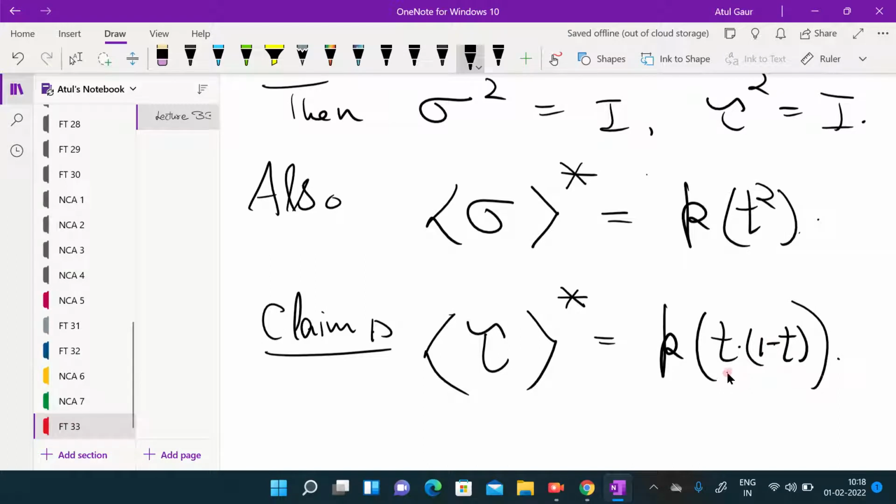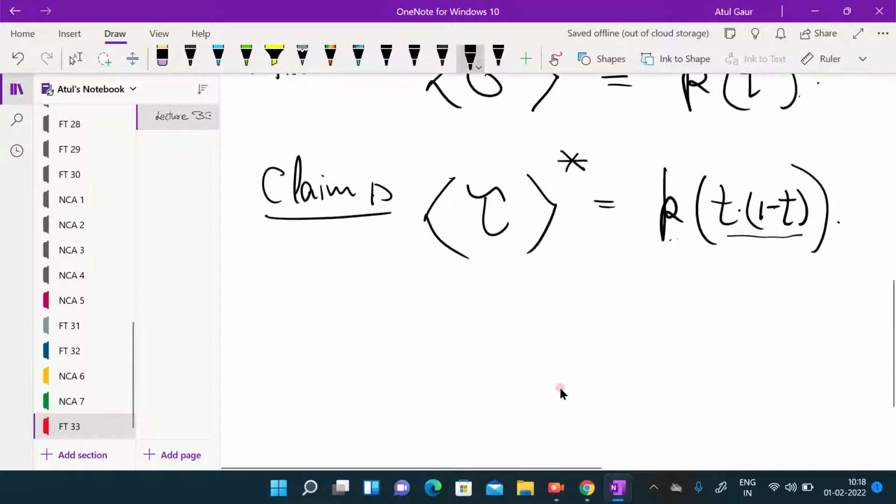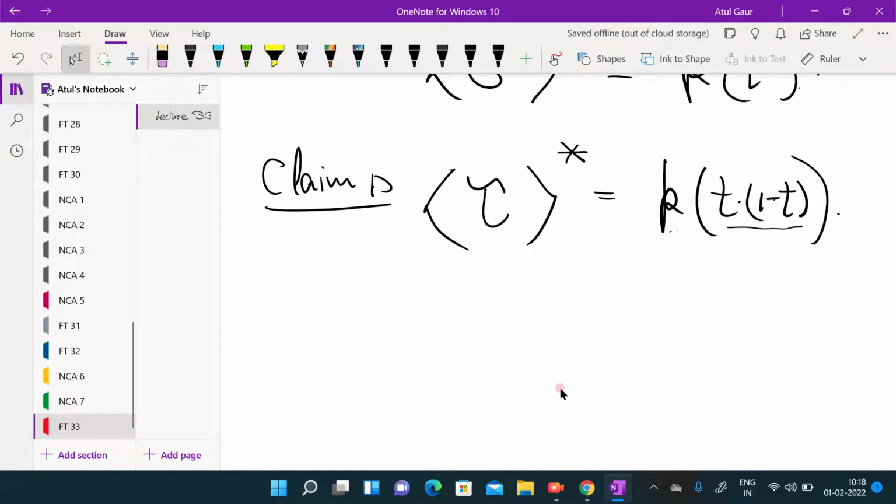That means you adjoin this to K, and that will be the fixed field corresponding to this group. One way inclusion is fairly trivial, because K is already in the fixed field of tau, and the element t(1 minus t) is also in the fixed field of tau.